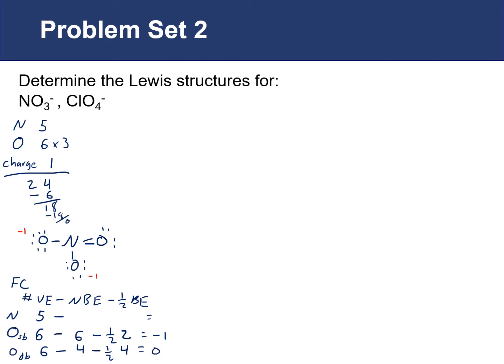For our nitrogen, there are 0 non-bonding electrons minus 1/2 of the number of bonding electrons. We have 2 single bonds and a double bond. That's a total of 8 electrons. So 5 minus essentially 4 gives us a +1 formal charge, and a 0 for our oxygen.